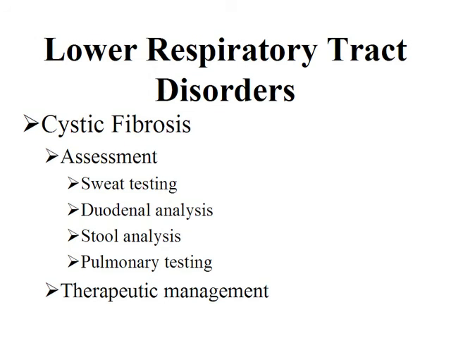Because of that lack of pancreatic enzymes, they tend to have steatorrhea, or stools that are very bulky, foul-smelling, and contain a lot of fat. So that would be another thing they would do in the assessment and in making that diagnosis. And then certainly the pulmonary testing as well.